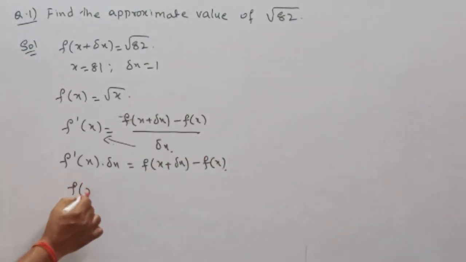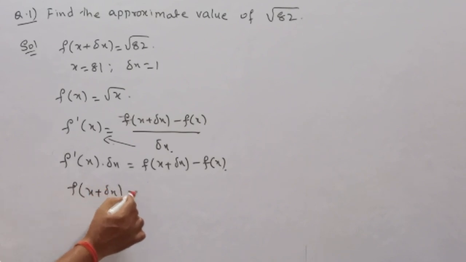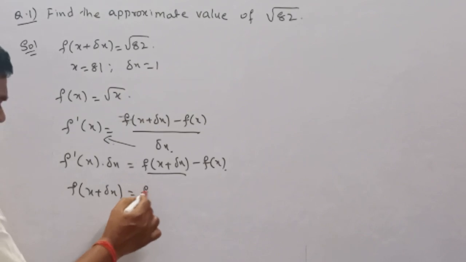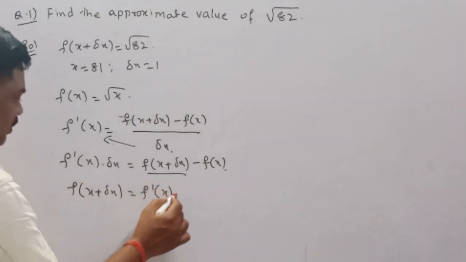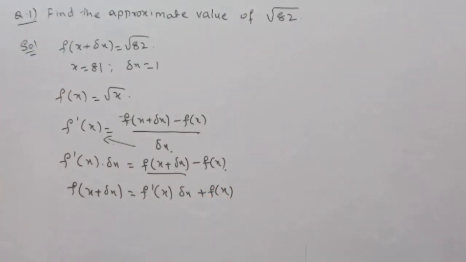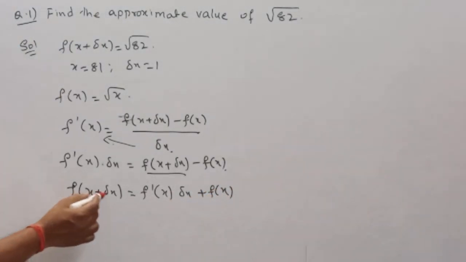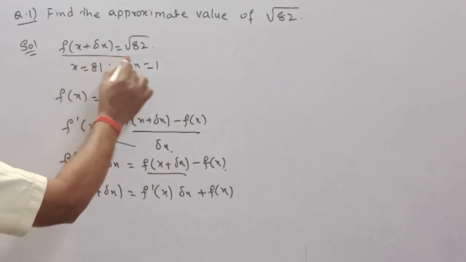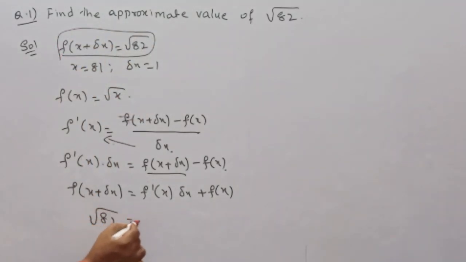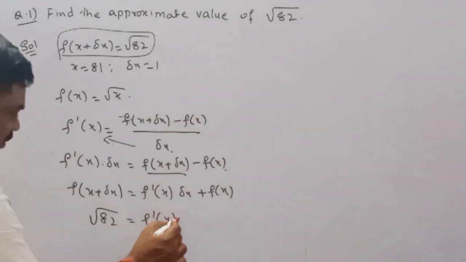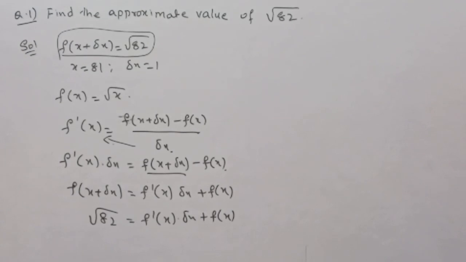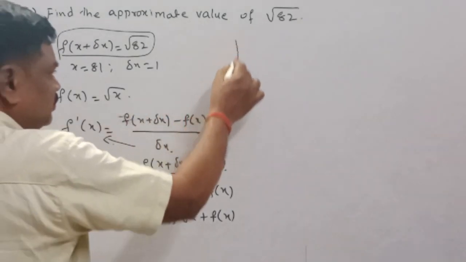So f of x plus delta x is equal to f dash of x into delta x plus f of x. But what is f of x plus delta x? It is root 82, which is equal to f dash of x delta x plus f of x.